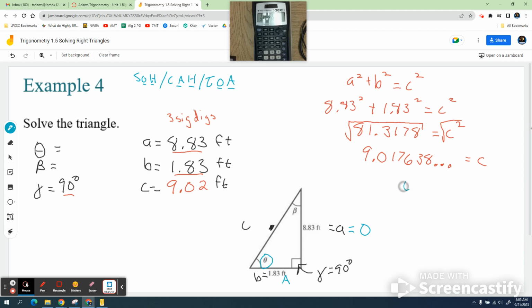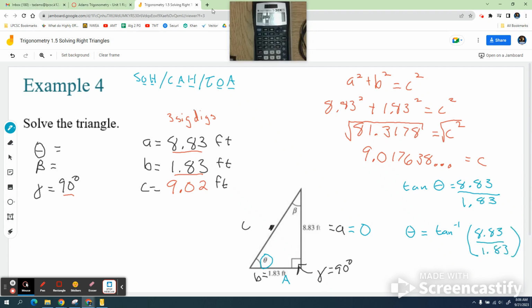So way over here on the side, I'm going to say tangent of theta is equal to the opposite, which is 8.83, all over the adjacent of theta, which is 1.83. Then I'm going to take the inverse of both sides, so I'll end up with theta is tan inverse of 8.83 divided by 1.83.